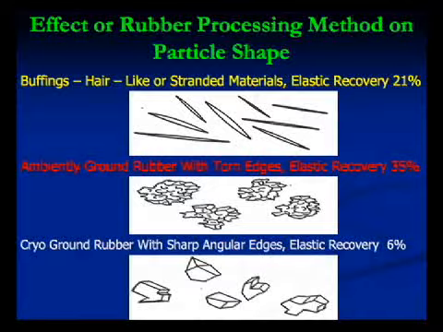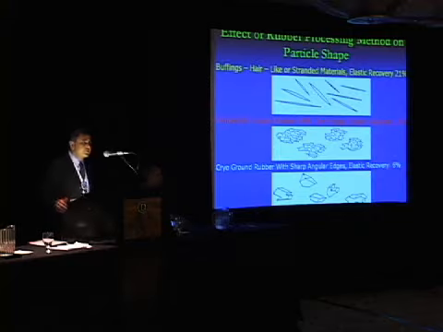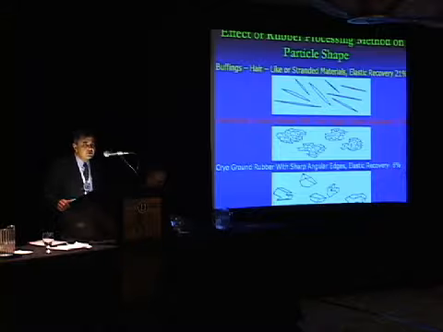Mainly for asphalt purposes, we are using crumb rubber produced by the ambient method, and cryogenic rubber is being used for sport surfacings such as soccer fields and artificial fields. Cryogenic rubber is usually mixed with sand and used in artificial fields.